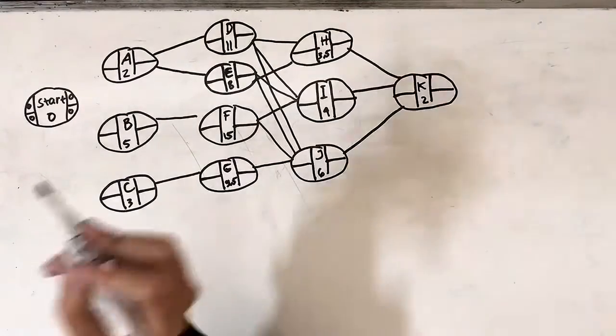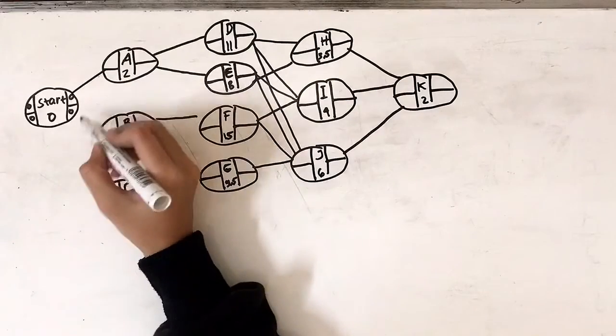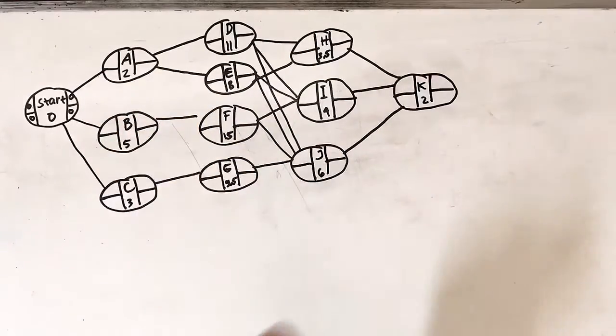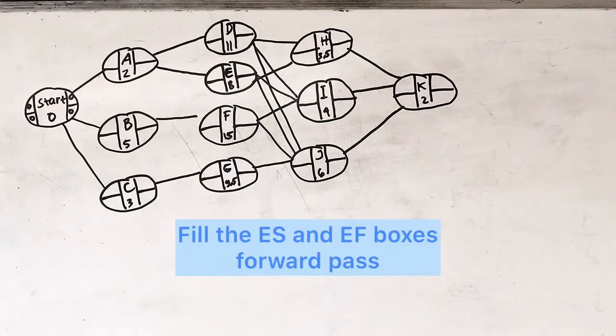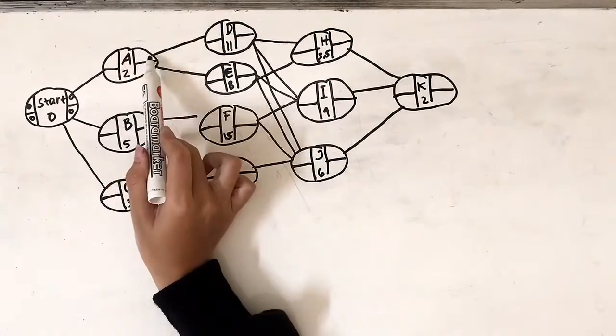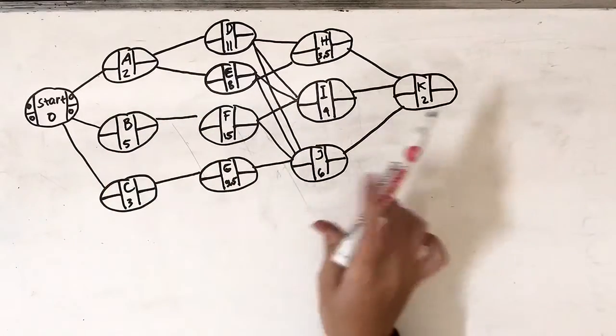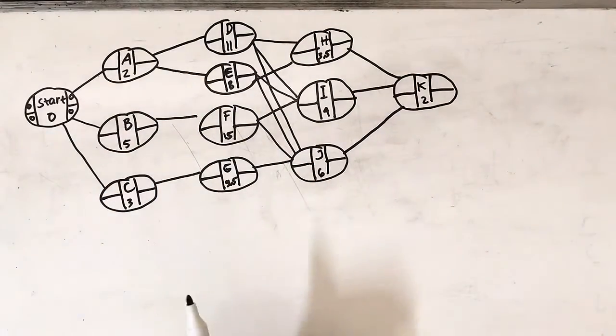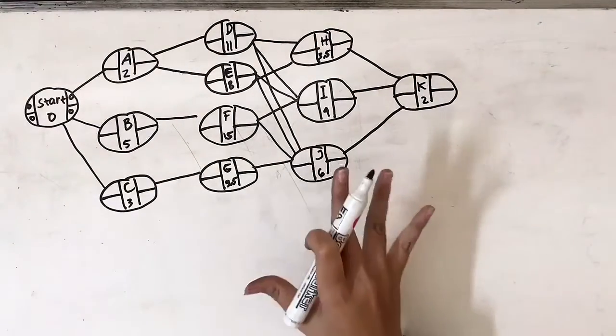And sorry, I forgot to connect the start to each first activity. After that, count the earliest start and earliest finish starting from activity A to activity K. Don't forget, for ES and EF we do a forward pass, okay, from the beginning to the end of the activity.